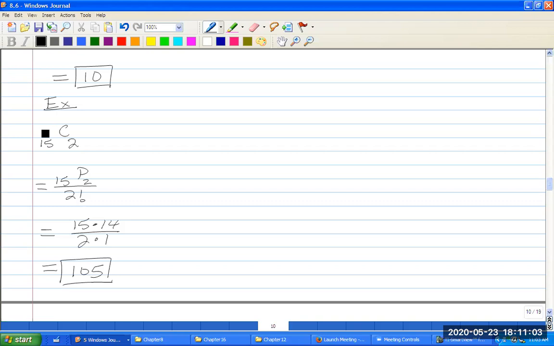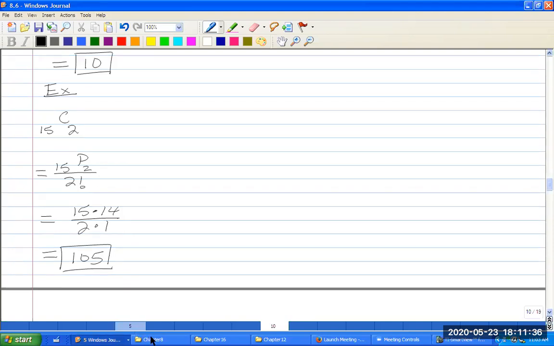I start at the 15 and write down 2 numbers, 15 times 14. So I start at the number, and I keep multiplying by 1 less till I've gotten this number of numbers, 2 of them, over 2 times 1. If there are 3 numbers, I do 3 factorial, 3 times 2 times 1. And so 14 divided by 2 is 7, times 15 is 105. So this is an easy way of calculating this.